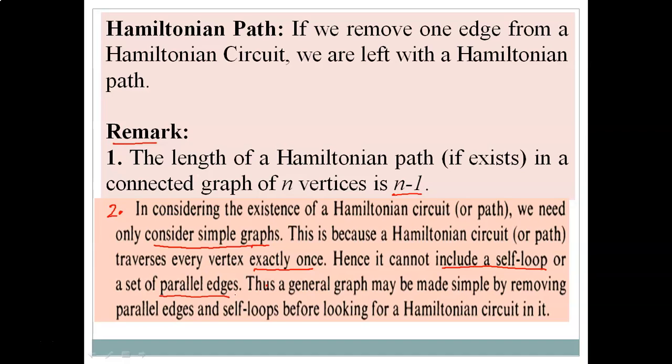Thus, in order to obtain a Hamiltonian circuit or path from a graph, first we have to remove all the parallel edges and self loops. A general graph may be made simple by removing parallel edges and self loops before looking for a Hamiltonian circuit in it.